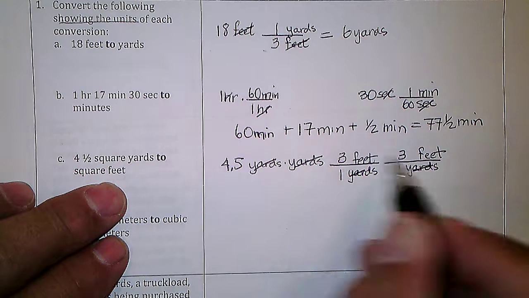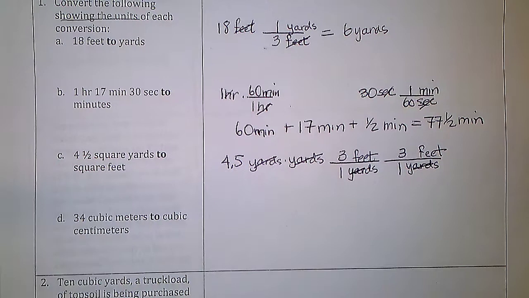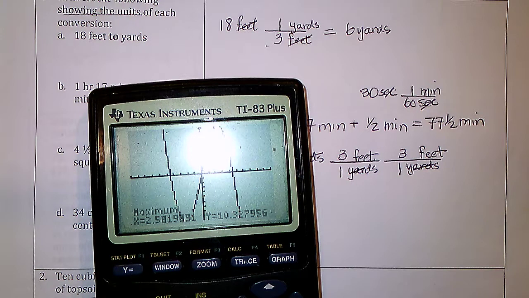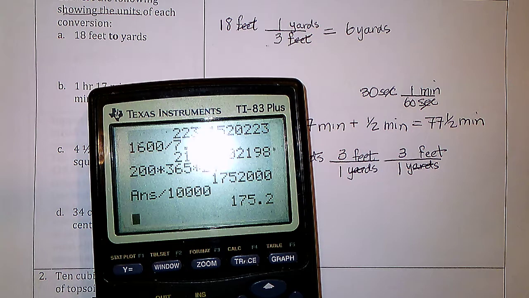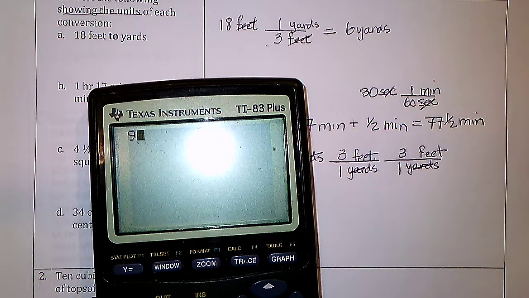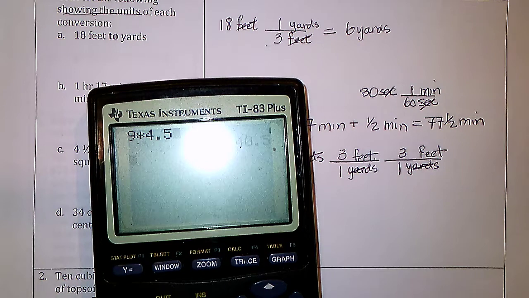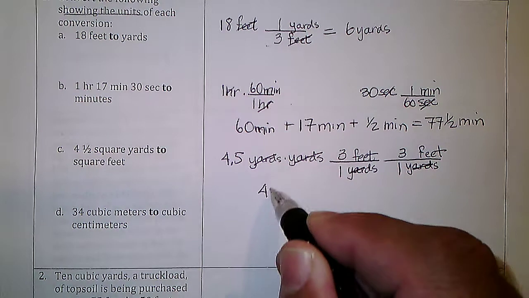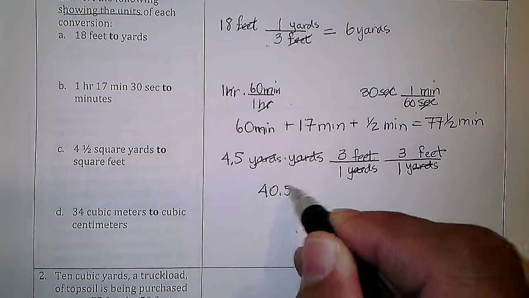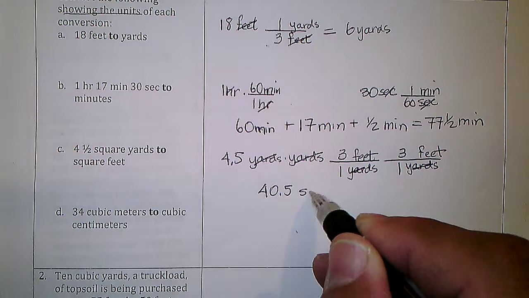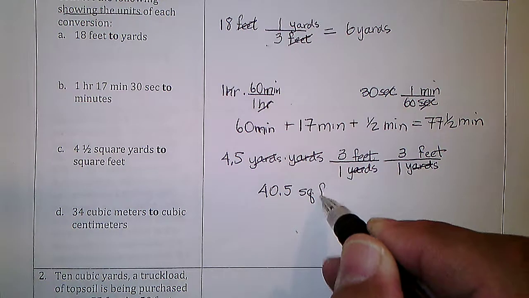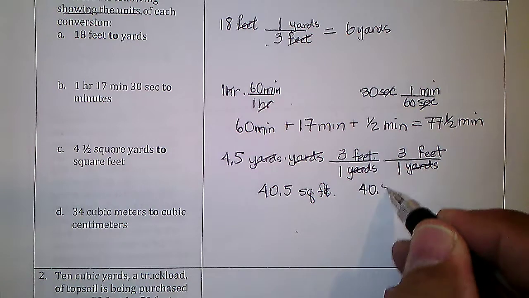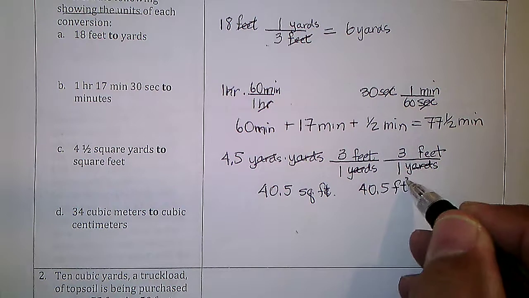So we get 9 times 4.5, which is 40.5 square feet. Or if you wish, 40.5 feet squared.